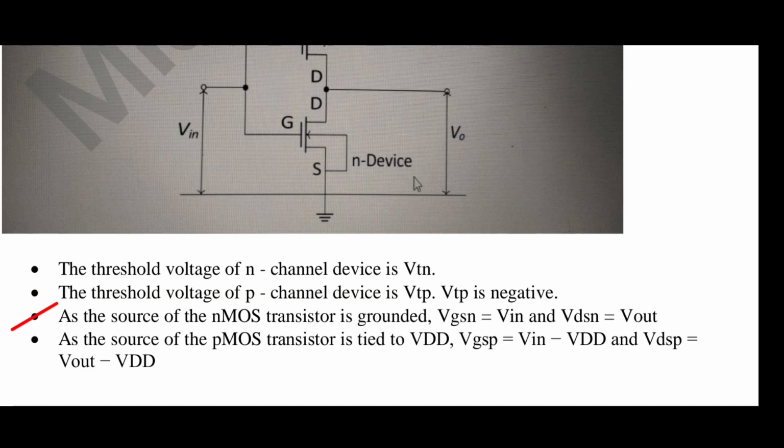As the source of the NMOS transistor is grounded, VGSN is equal to V in and VDSN is equal to V out. As the source of the PMOS transistor is tied to VDD, VGSP is equal to V in minus VDD and VDSP is equal to V out minus VDD.